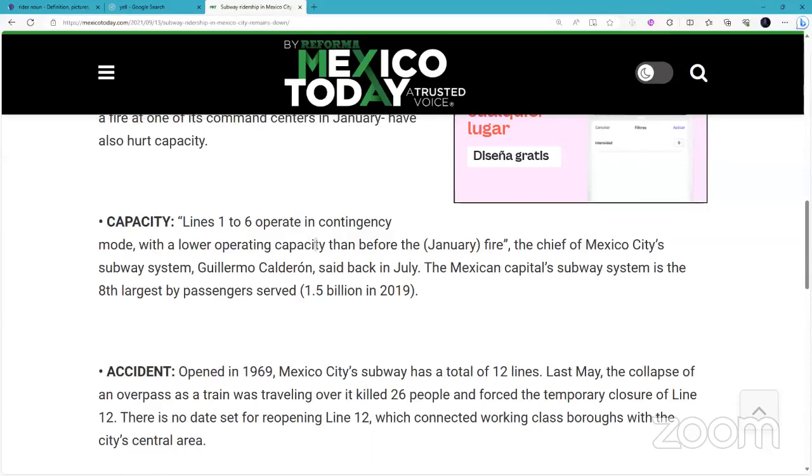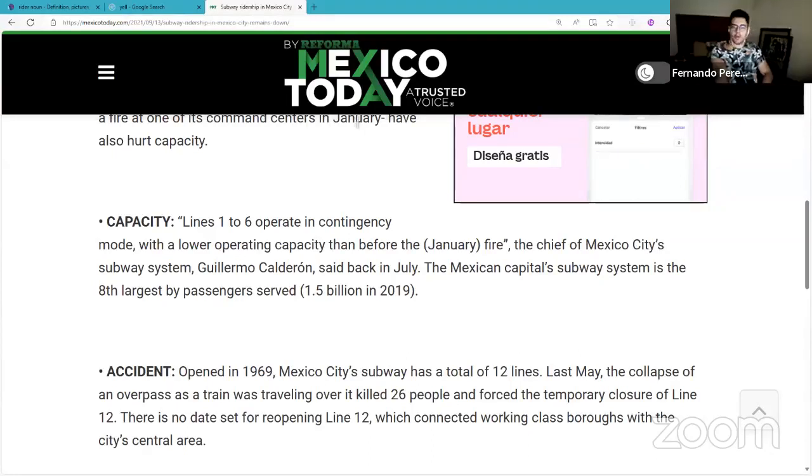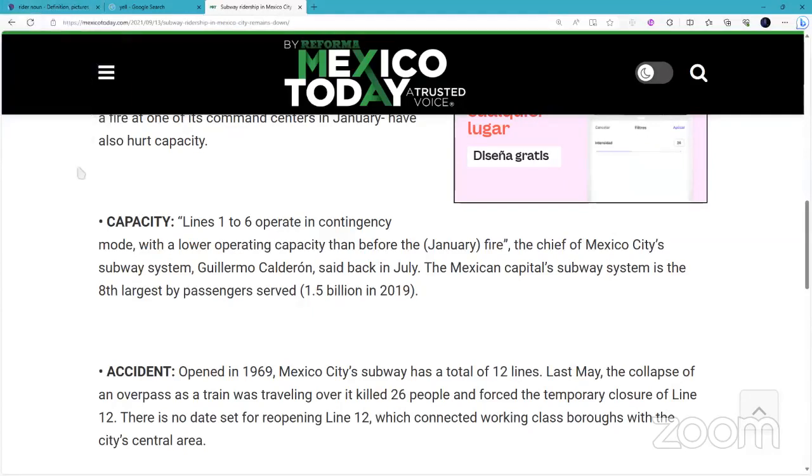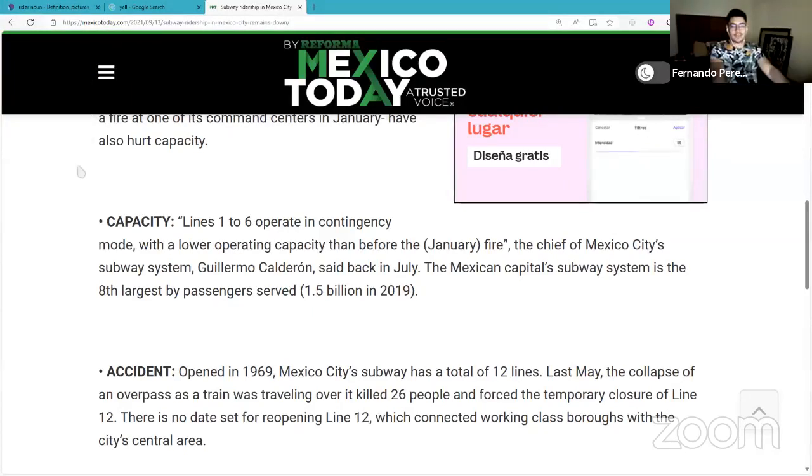Capacity. Lines 1 to 6 operate in contingency mode with a lower operating. Just a sec. In what mode do lines 1 and 6 operate? Sorry? I repeat, in what mode do lines 1 and 6 operate?